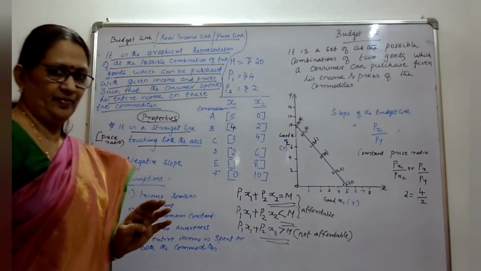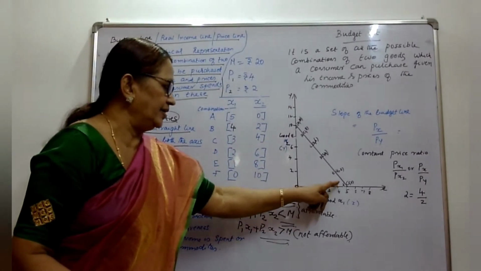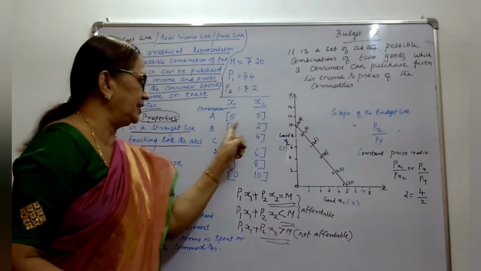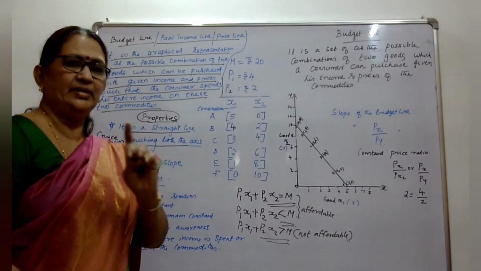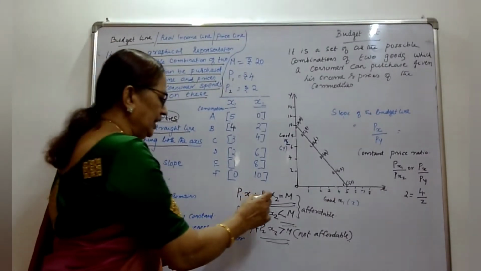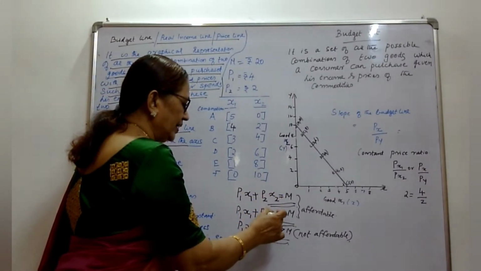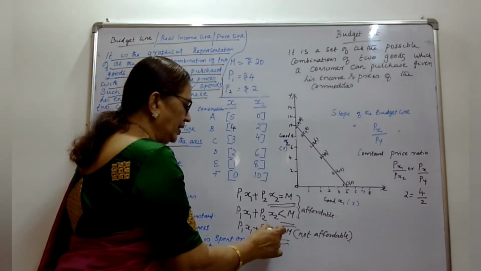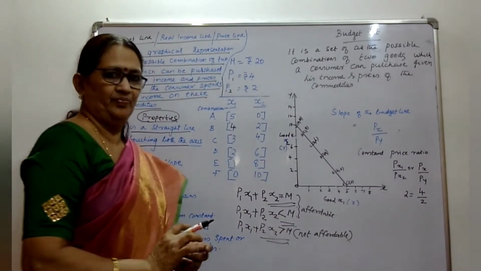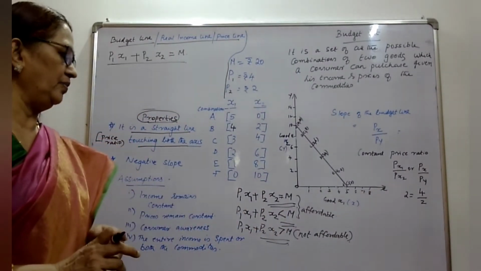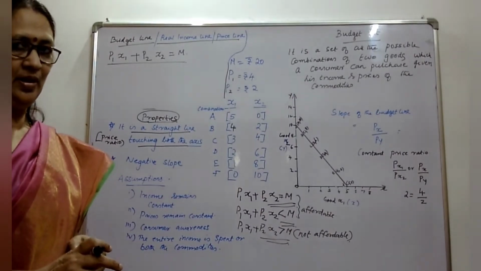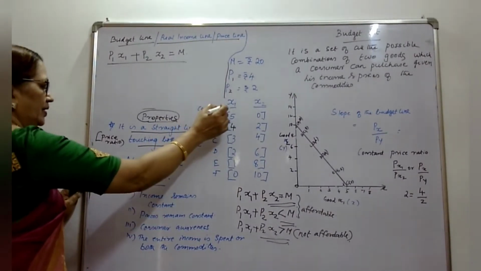We will check regarding the price line. You see all the bundles given here, whether these bundles are equal to income, less than income or greater than income. First equation, P1 x1 plus P2 x2 is equal to M. What is P1?